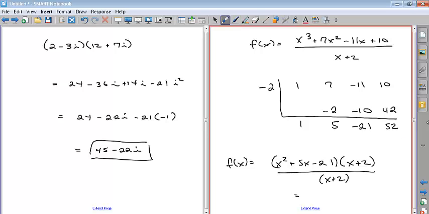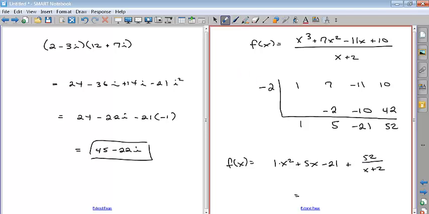I'm sorry, that's wrong. I'm doing that wrong. So let's do it over again. So the answer here is going to be 1 times x squared from here plus 5 times x minus 21, and then we take the remainder, 52, and we divide by the original denominator.